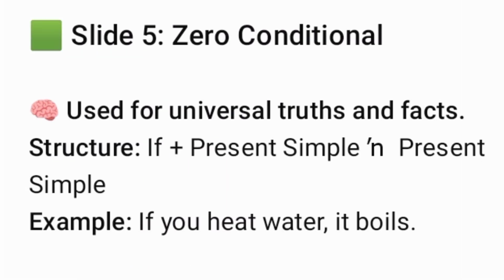As the name itself says, zero conditional is used for universal truths and facts, anything that never changes. Its structure: whenever you discuss conditionals, keep in mind you first add if, which itself provides the condition for the sentence, then if plus present simple, and present simple.